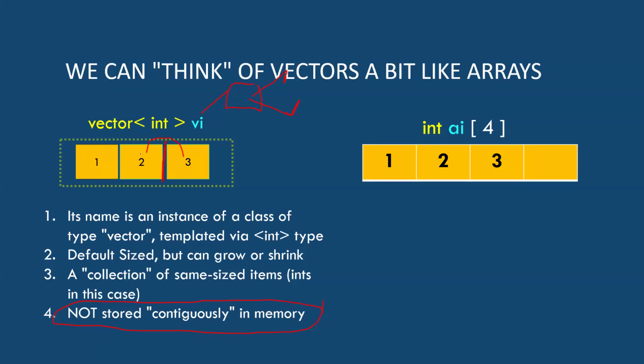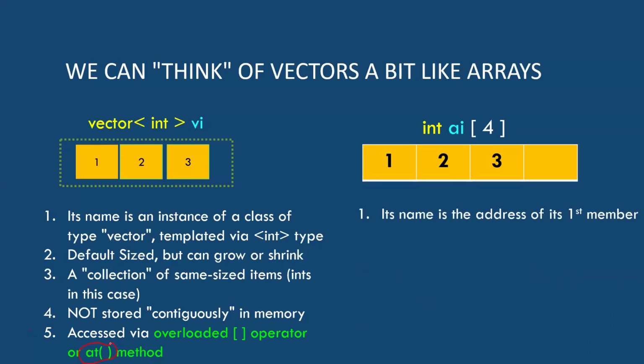So I can't add a jump in memory from the 2 position of a vector and necessarily get to the 3. I can do that with an array. I know that the 3 is going to be stored right next door, but I don't necessarily know that with the vector. The vector is masquerading as an array for us. Most of the time that's perfectly fine. We use those overloaded operators or the at method to get something, quote unquote, at a particular position.